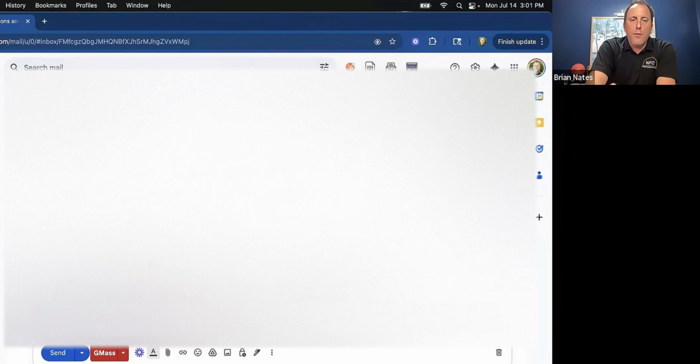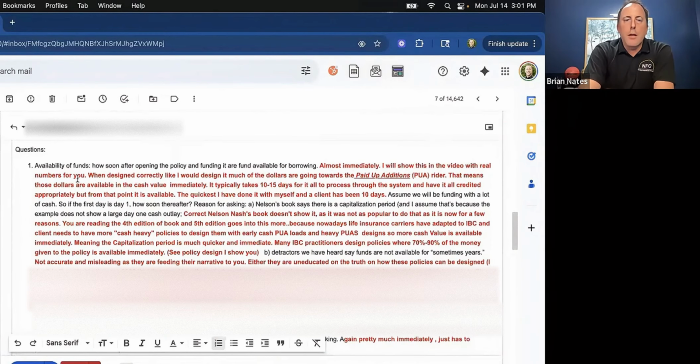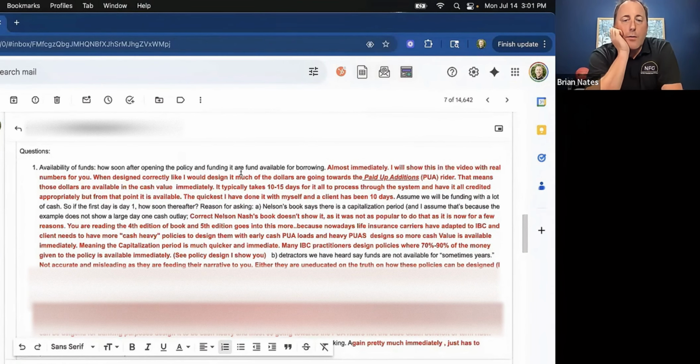Okay, so the first, the availability of the funds. How soon after the policy and funding it are the funds available for borrowing? Almost immediately. Designed the way we design it, with most of the money going into what's called the paid up additions, not to the base policy, not to the term rider, right? I just broke that down for you.